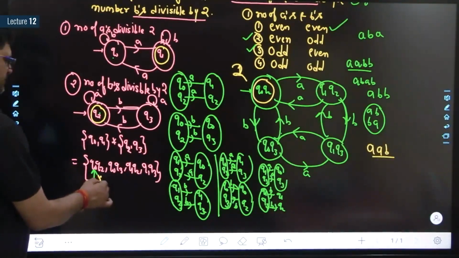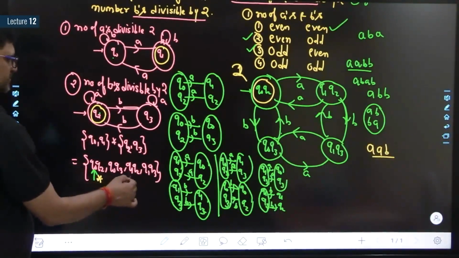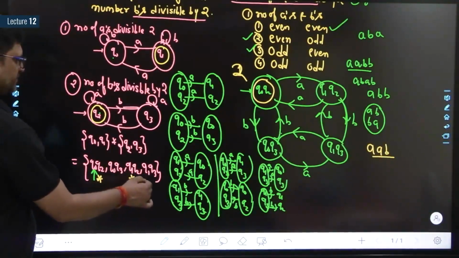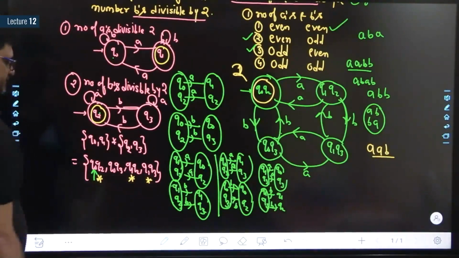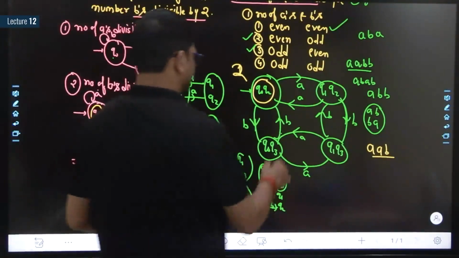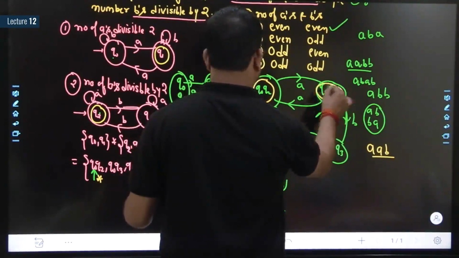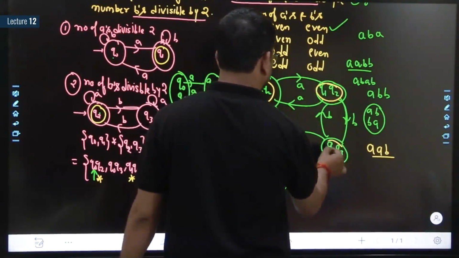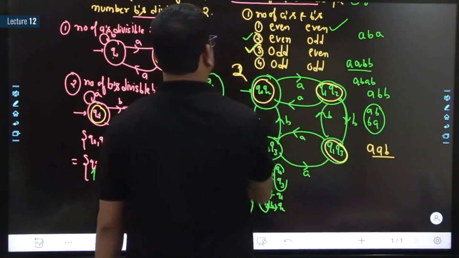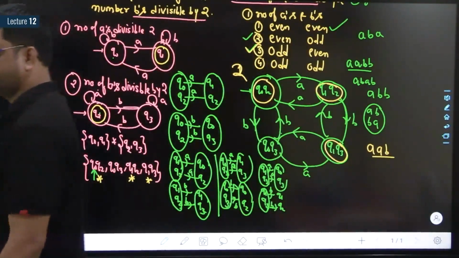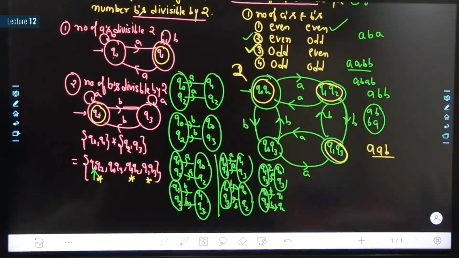This one is final. This is not final. This one is final and this one is final. Clear? Q0, Q2 is final, Q1, Q2 also final, Q1, Q3 is final. In case of number of A's odd or number of B's even. Clear?